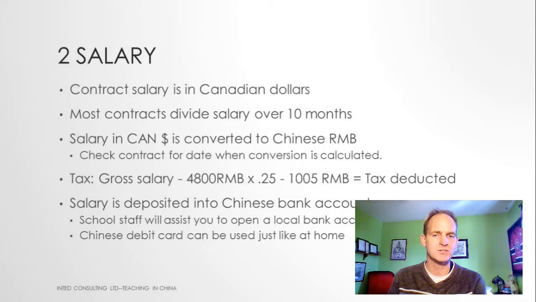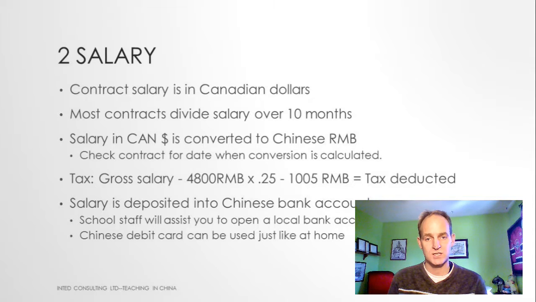So we would multiply that amount by 0.25. And then there's a further deduction that you're entitled to of 1,005 renminbi. So to get that straight, we take your salary, Canadian dollars, we convert it to renminbi, then we subtract 4,800 renminbi, then we multiply that amount by 0.25, that's the 25%, and then we deduct a further 1,005 renminbi, and then you're left with the amount of tax that will actually be deducted.